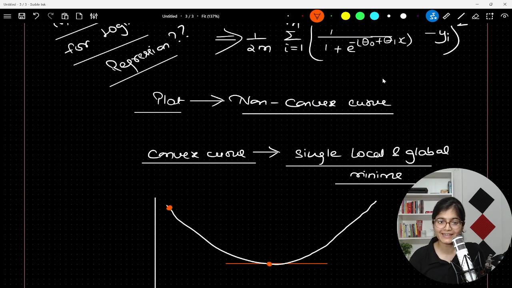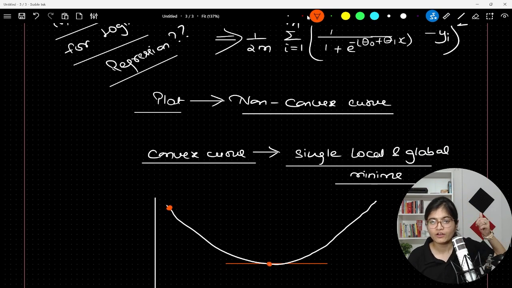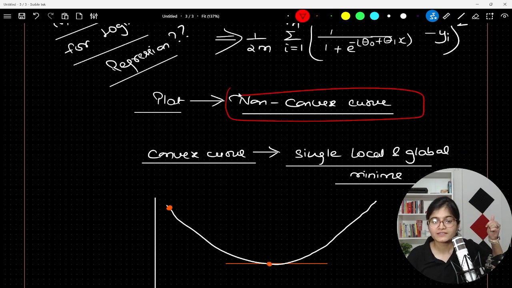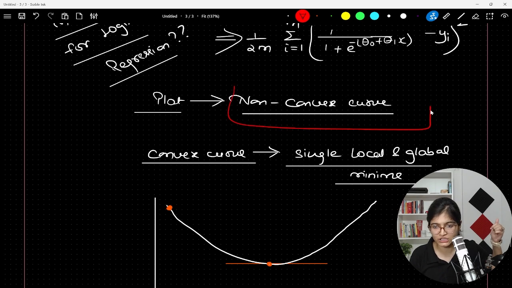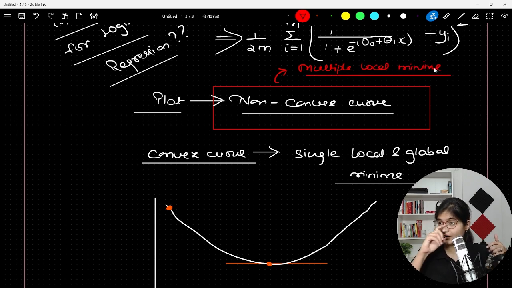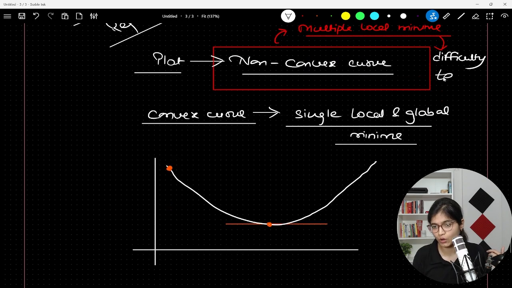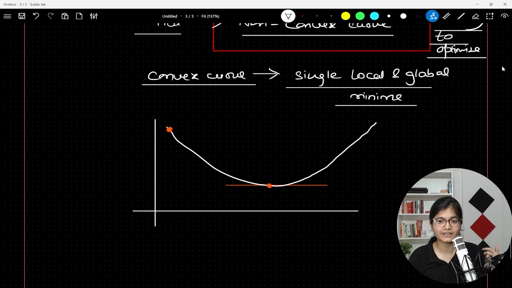Now, when I'm saying MSE for logistic regression, when we try to solve it, we will get a non-convex curve. The simple literal meaning, in layman terms, is that here we will have multiple local minima, which makes it very difficult for my model to optimize. So there is a lot of difficulty in terms of optimization.